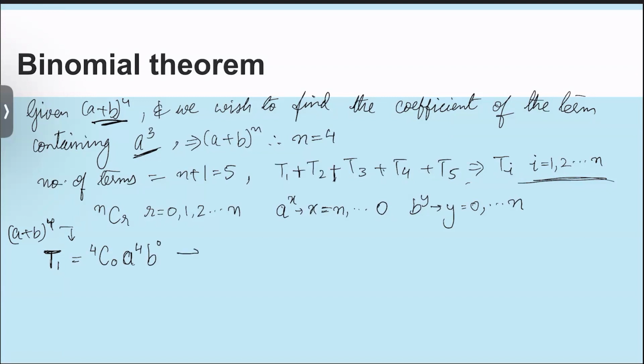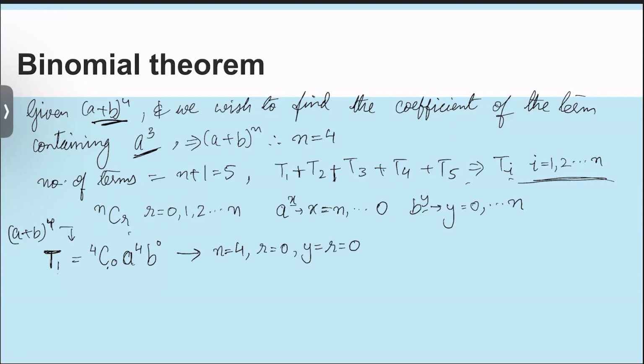Now, when you compare all the variables that we have explained over here, in the nCr form, your n is equal to 4. For this term, your r is equal to 0. For b raised to y, y is equal to r, which is 0.